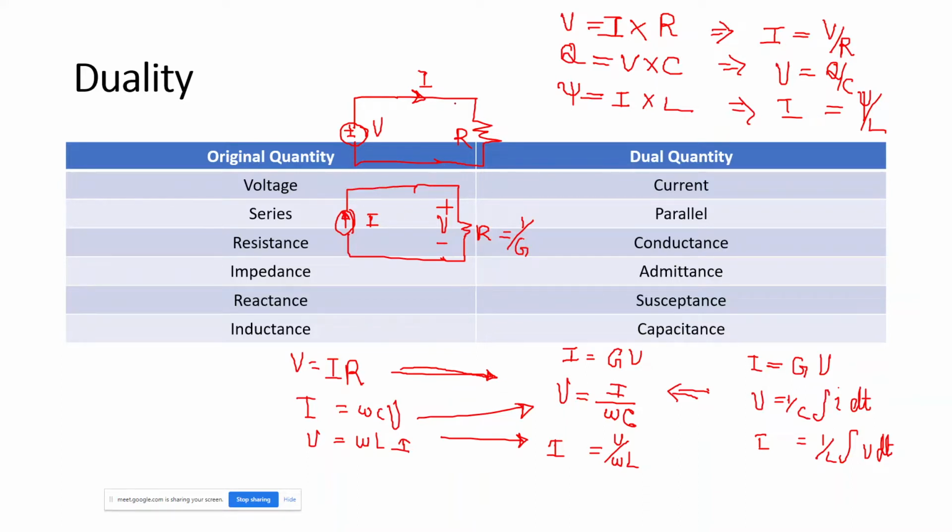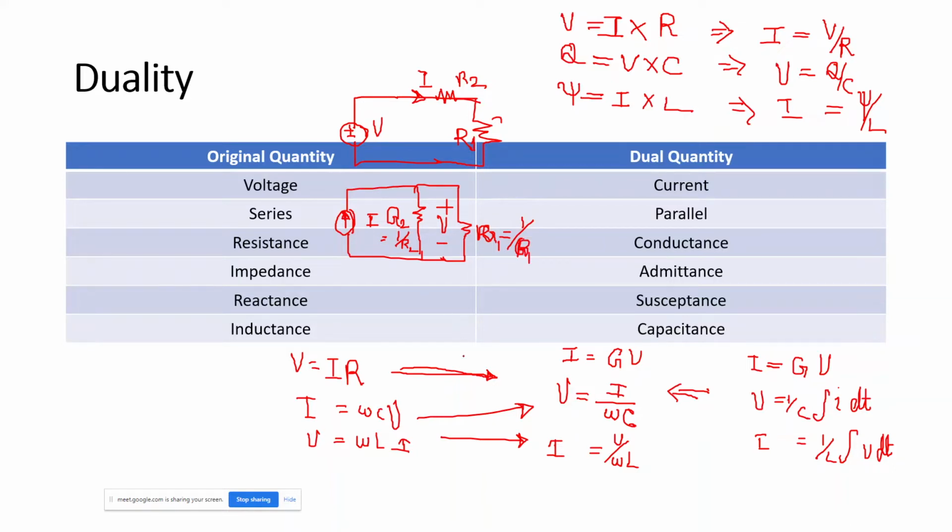Okay, so now if I have two resistances R1 and R2, then in the dual the resistances will be in parallel, and this is G1 and G2, where G2 equals 1 by R2 and G1 equals 1 by R1.